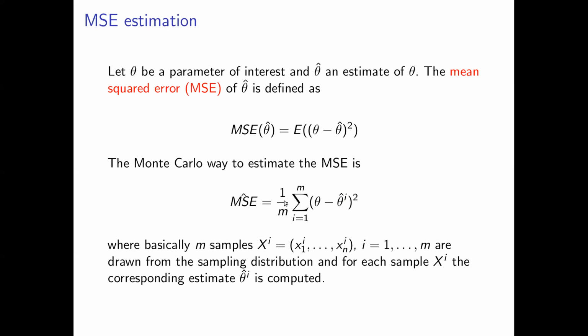And also this mean squared error is simulated in the very same way. We take our actual simulated values, subtract them from what we wish to learn, square these deviances, and take the arithmetic mean of those.